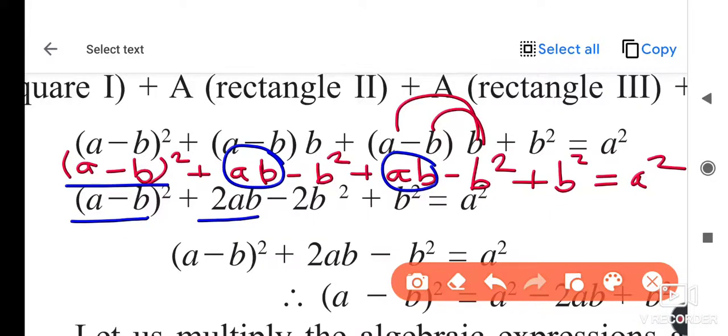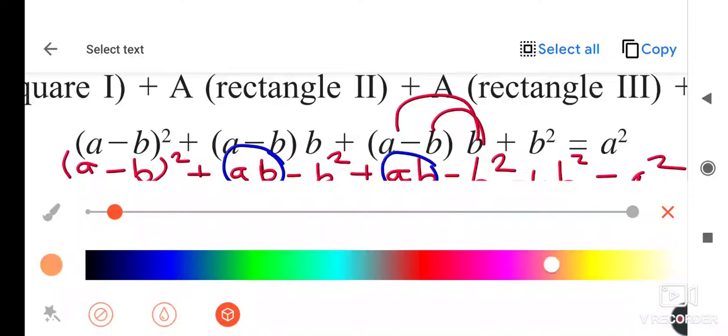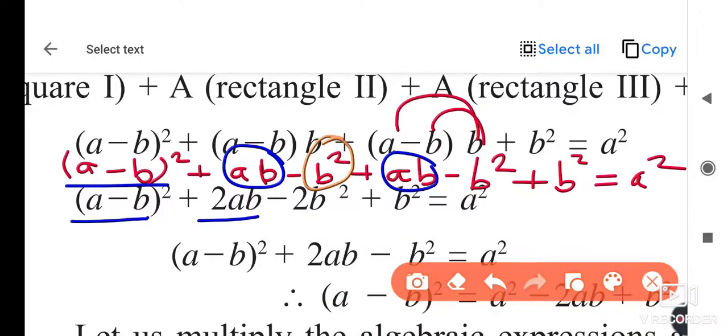This I circled here. Next, this b square, I will take a different color, this b square plus this b square: both signs are negative. If both signs are negative, we have to do the addition and give the negative sign. So minus 2b square, and this remaining b square is written here as it is. All of you clear how this step came?